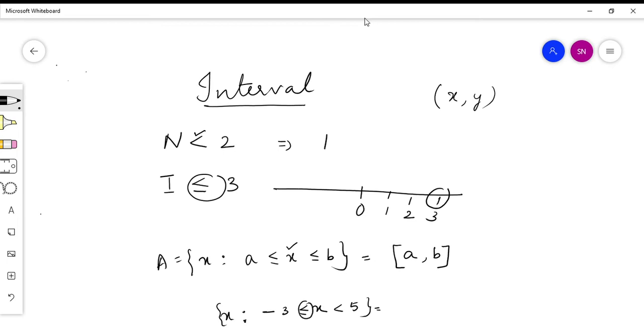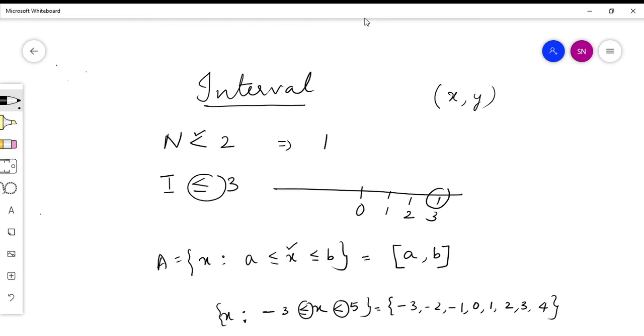So the numbers you will write inside the set are minus 3, minus 2, minus 1, 0, 1, 2, 3, 4. Are you going to include 5 here? No. 5 has only a lesser than symbol, so I will not include this 5.